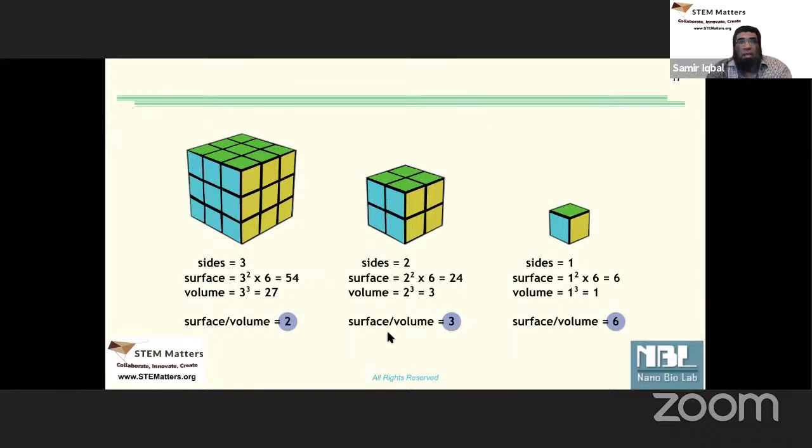Now if I take 2 sides, I calculate the surface to volume ratio. You keep on playing, and the smaller we go, the surface to volume ratio keeps going up and up. Just another way of looking at the same concept.